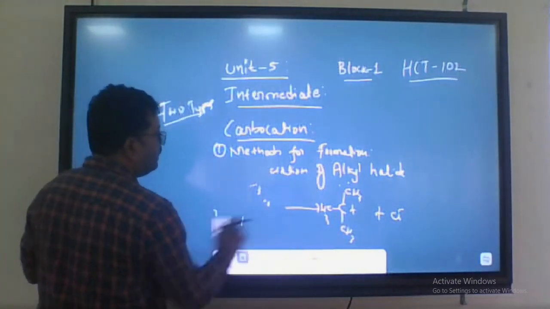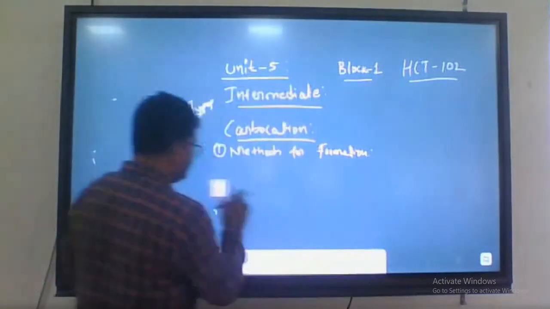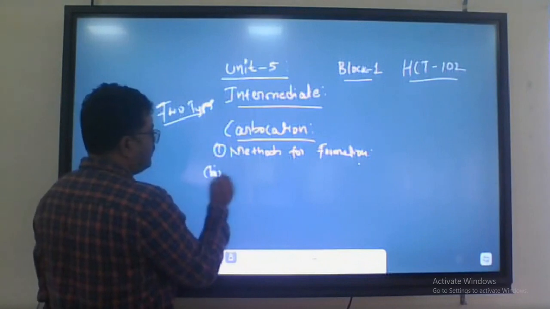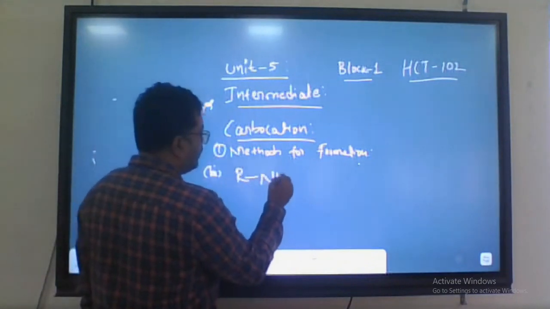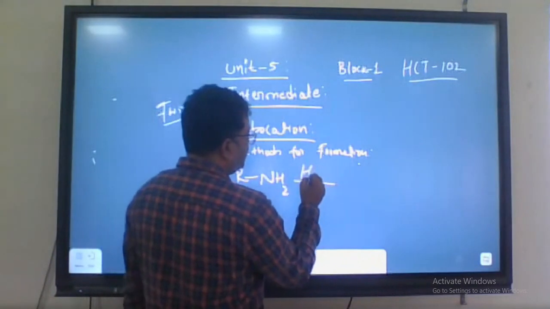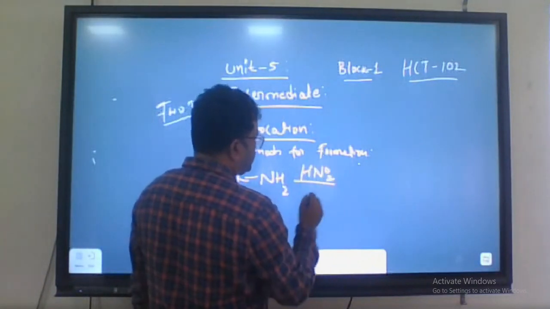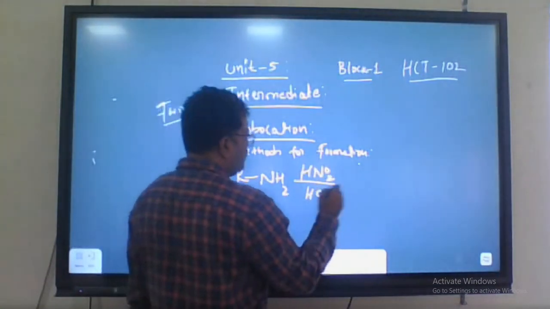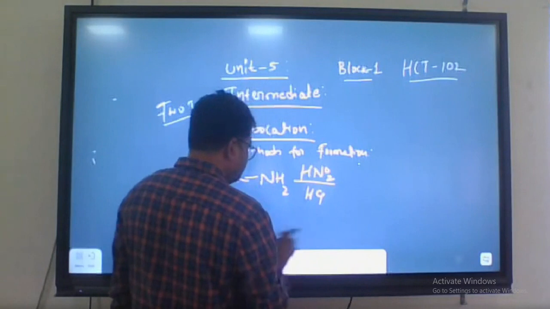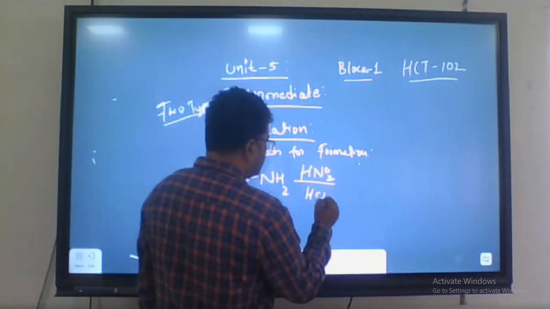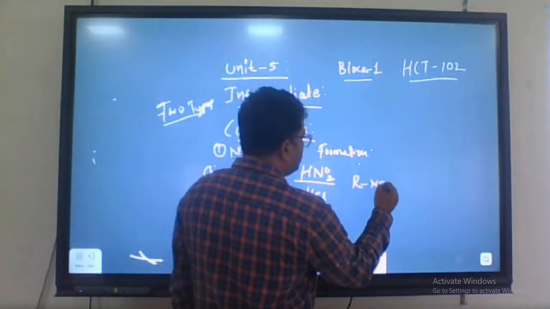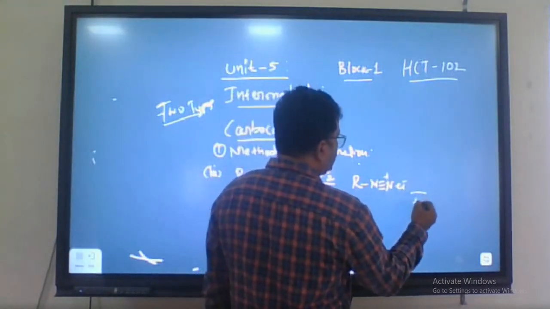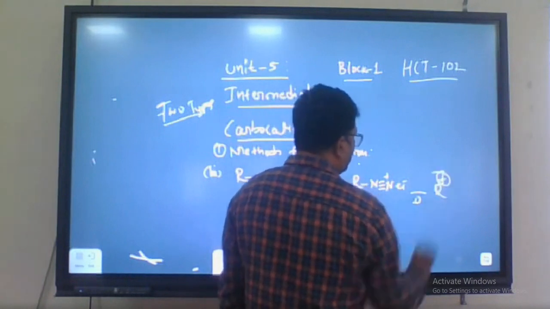The second method, from amine. The primary amine, treat with HNO2 and HCl. It gives diazonium. By heating this, you get R plus.